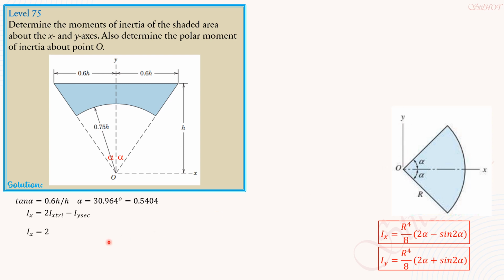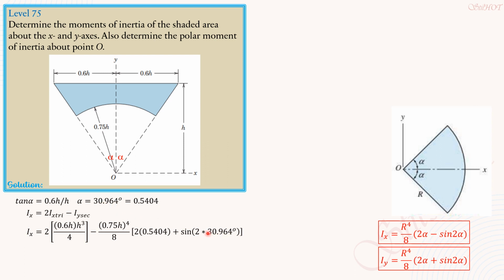So Ix is equal to 2 times 0.6h times h cubed over 4 minus 0.75h to the fourth, that's the radius, to the fourth over 8, times the quantity 2 times 0.5404 radians plus sine of 2 times 30.964 degrees.